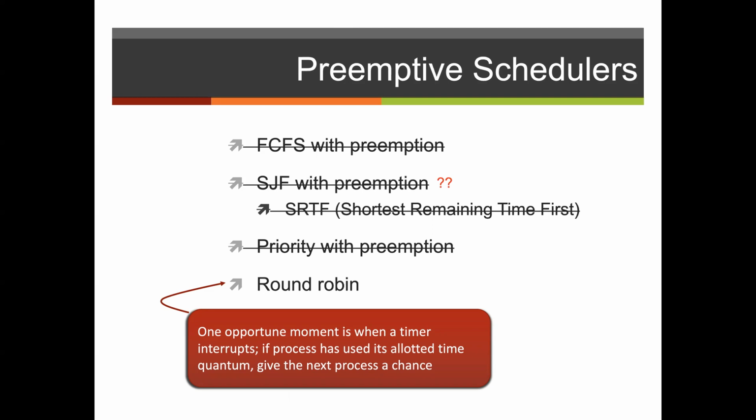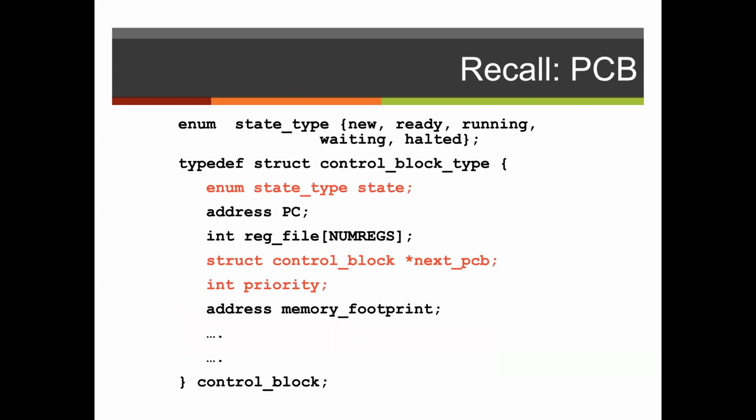Basically with round robin, every process should get a share of the processor. This differs from a non-preemptive approach because we're trying to ensure that every process has the appropriate ability to make use of the processor.